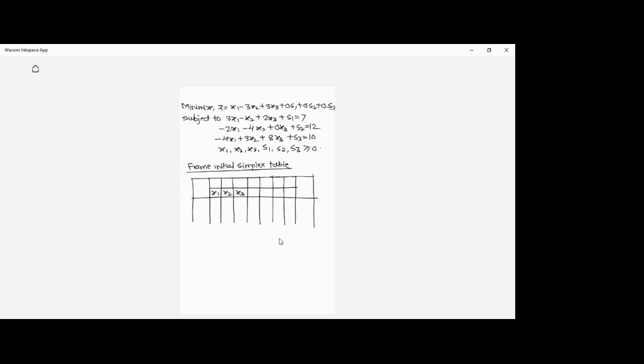Oh, sorry, we have cj. We have basic variables. This is x1, x2, x3, s1, s2, s3. This is 0, 0, 0, 0, 0, 0. x1 is 1, minus 3, and this is 3. Sorry. Right? So we have to write solution here. This is CB.